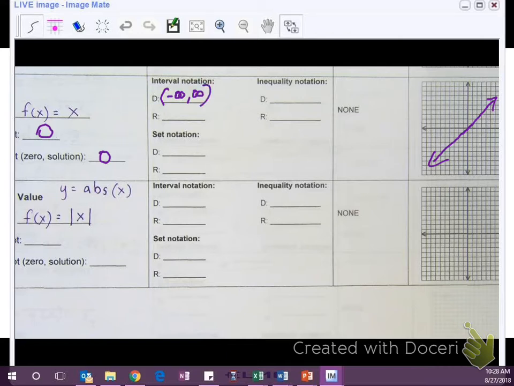It's also going down as it goes to the left forever, and going up as it goes to the right forever. So that's our range, which is negative infinity to positive infinity. So our inequality is negative infinity less than x less than infinity, and negative infinity less than y less than infinity.